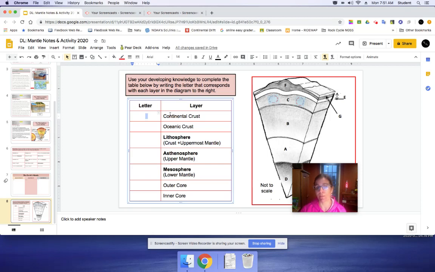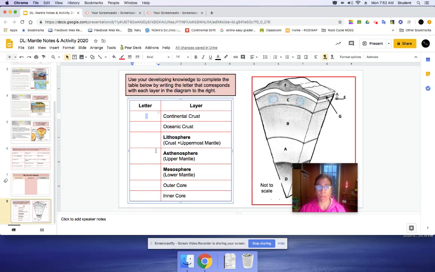So you'll see that I've provided the different parts of the crust as a review, the new parts of the mantle and their alias names: lithosphere, asthenosphere, and mesosphere, which you will read about today. And then lastly, provided the outer core and inner core. And we will talk further about the core, probably not until next week.